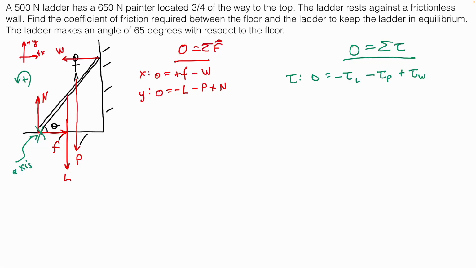You've got to do that R perpendicular to F thing, right? You've got to find a distance, and you've got to find a force. What must that distance and that force be with respect to each other? Perpendicular.